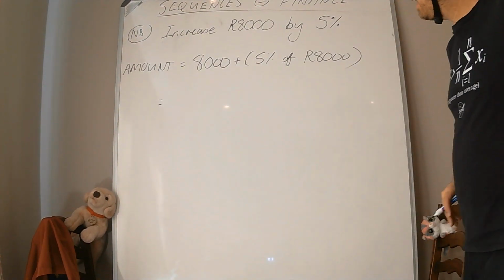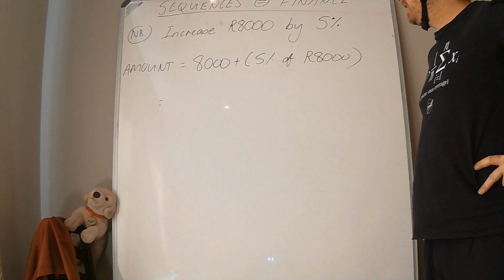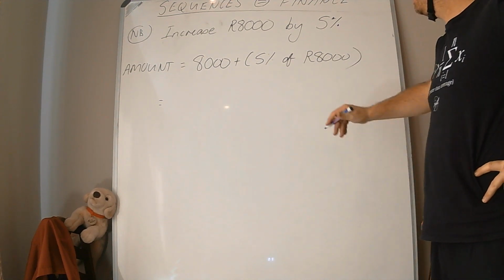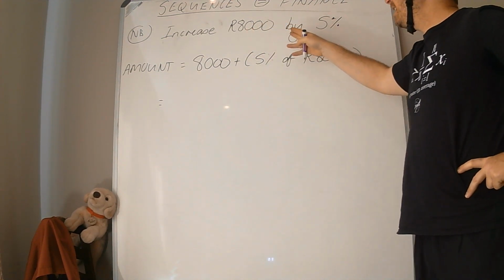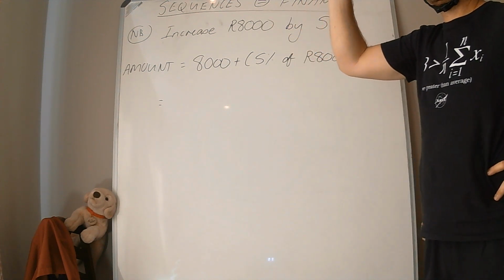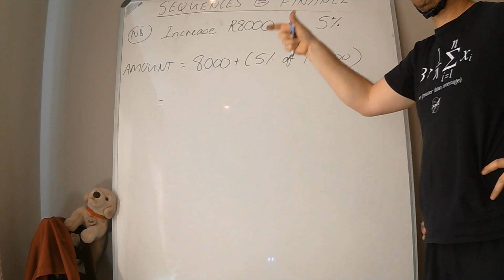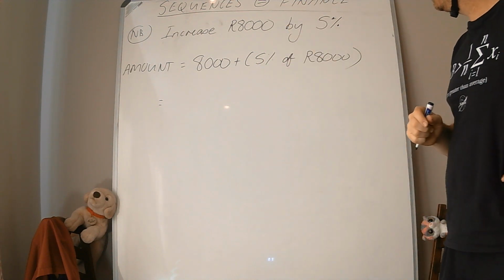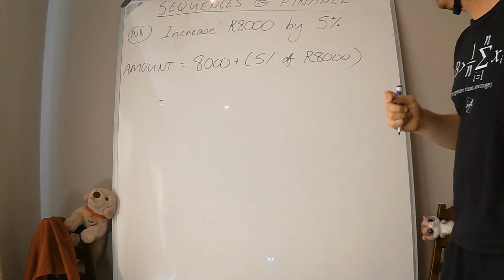Alright, just carrying on with that pattern, Georgia, if you could try this please. In order to increase 8,000 Rand by 5%, how could you write 8,000 Rand times what, to have the effect of increasing it by 5%? That's what I want you to get into the habit of.